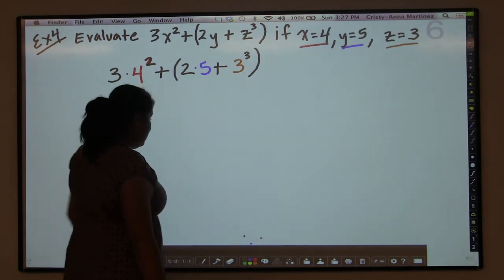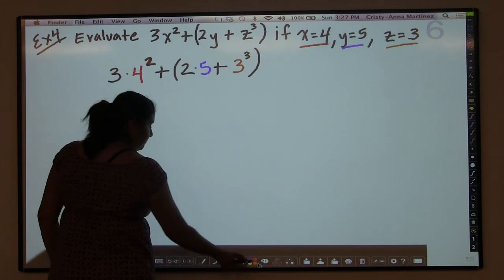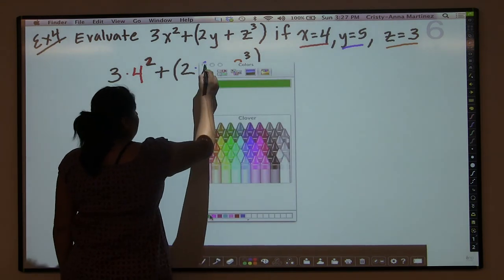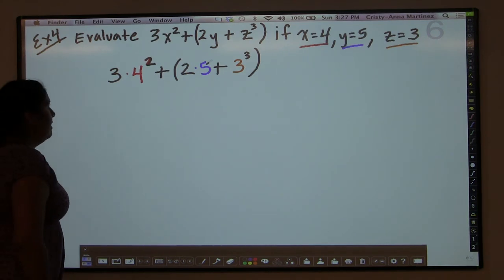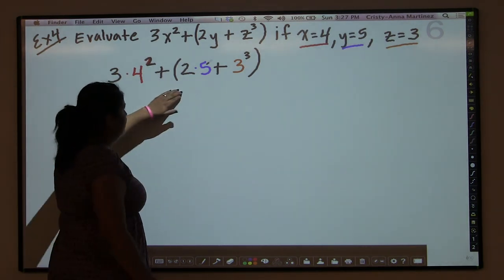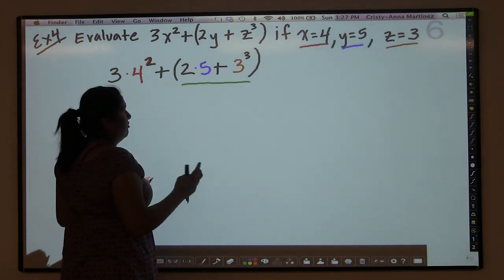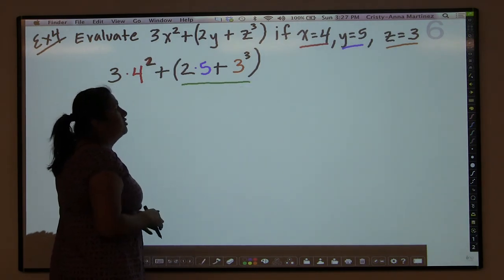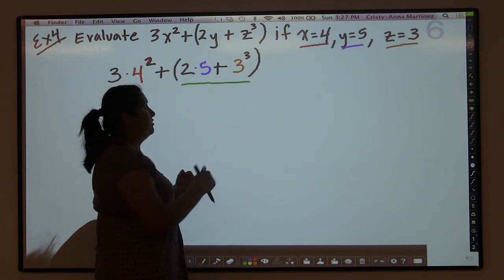Okay, so I've rewritten the exact same expression, but I've replaced x with 4, y with 5, and z with 3. And now it's just going to become nothing more than what we were doing earlier in the previous examples. So, parentheses first. So we're going to come over here first, and in these parentheses, we can see 2 times 5, or we have to do exponents first. So we're going to go to the 3 cubed first, and that's 3 times 3 is 9, 9 times 3 is 27.